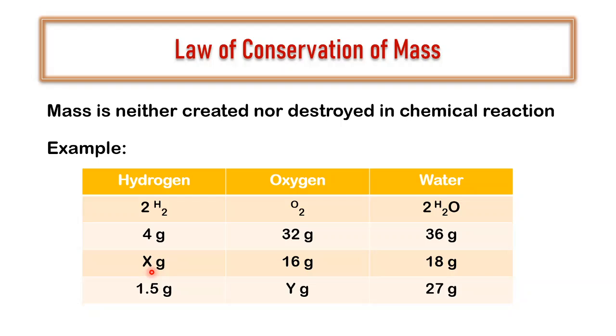Similarly, if I say there is a reaction of 1.5 gram of hydrogen with a certain amount of oxygen giving you 27 gram of water, then by using the law of conservation of mass, the amount of oxygen will come as 25.5 gram. I hope all of you are getting what this law means and how important it is.